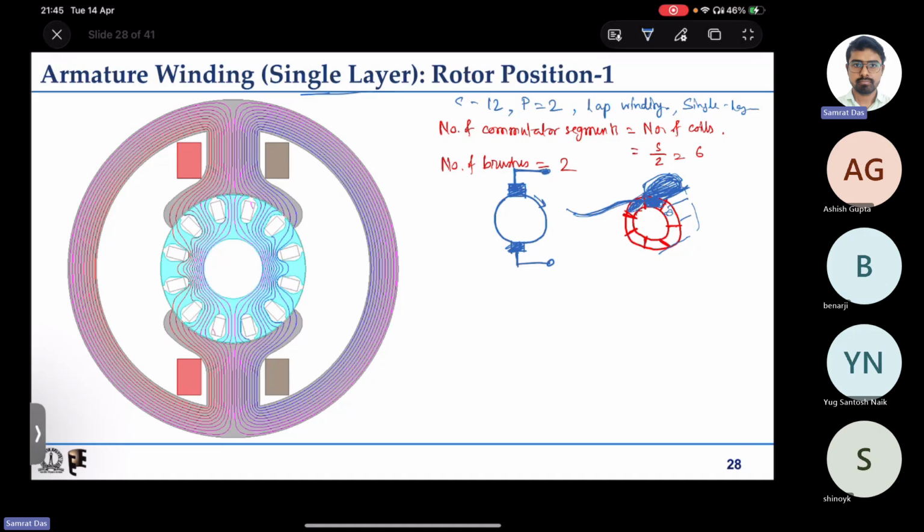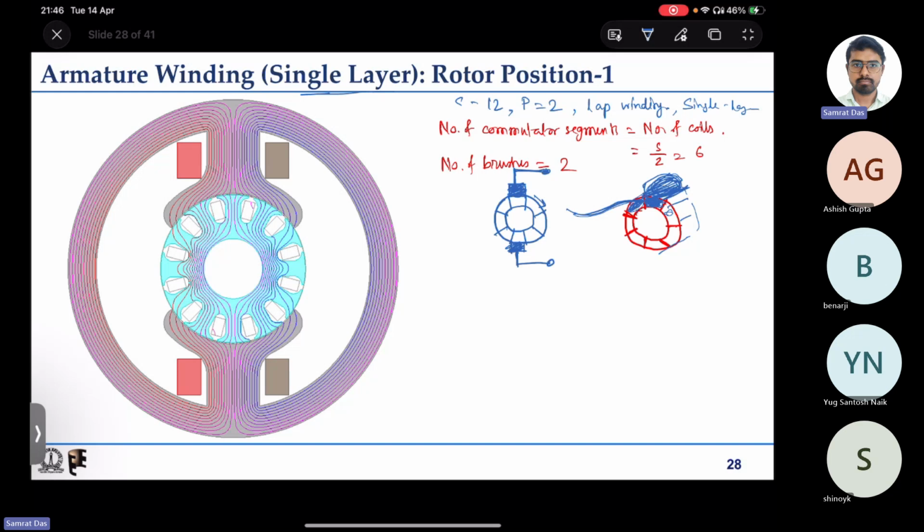One or two of the segments will be shorted at an instant with this brush. To understand that, say this is one segment. How many? 1, 2, 3, 4, 5, 6, 7, 8. Here I have made 8 segments. You can see that at this instant only one segment is shorted with one brush.